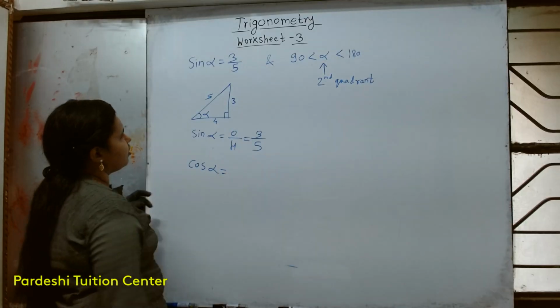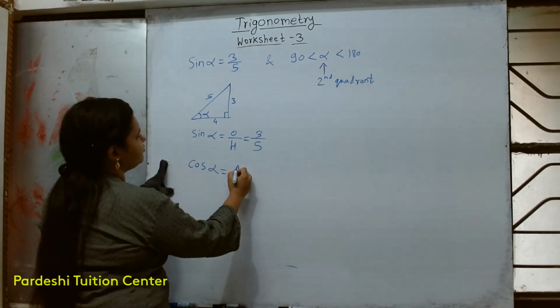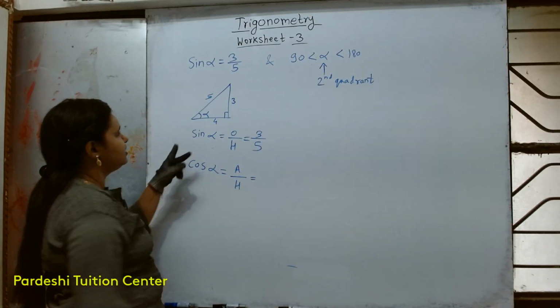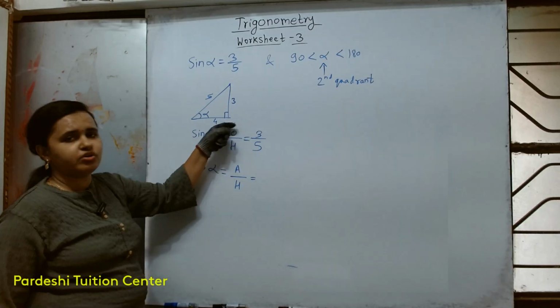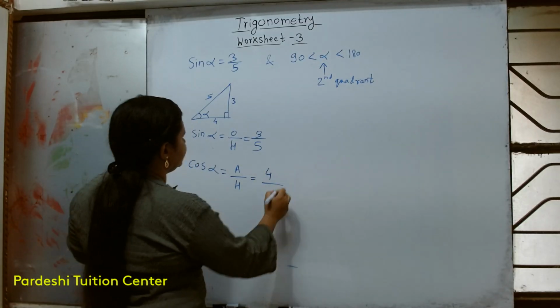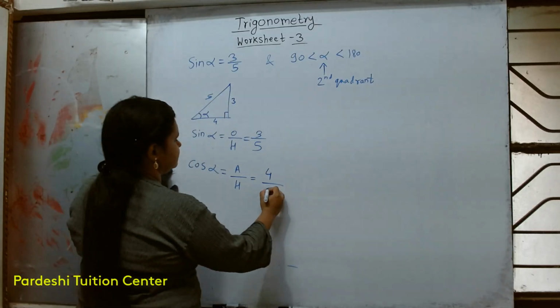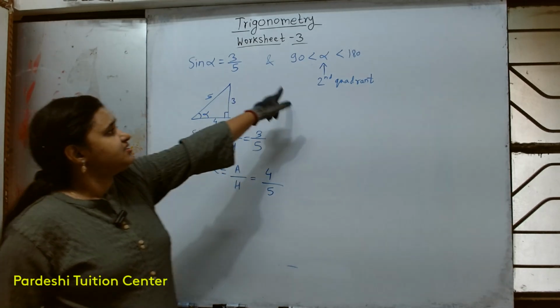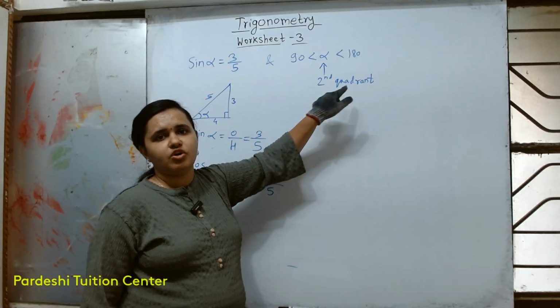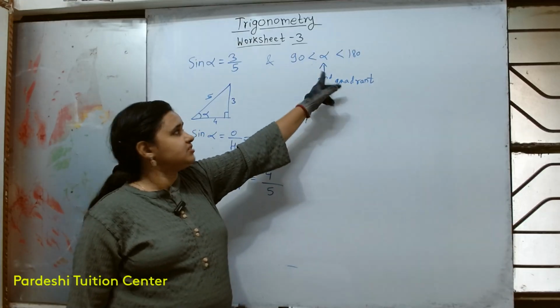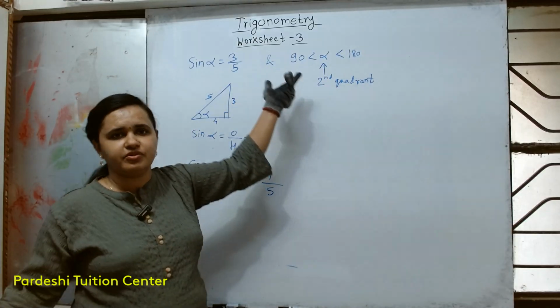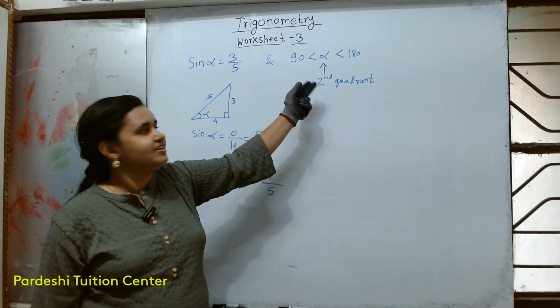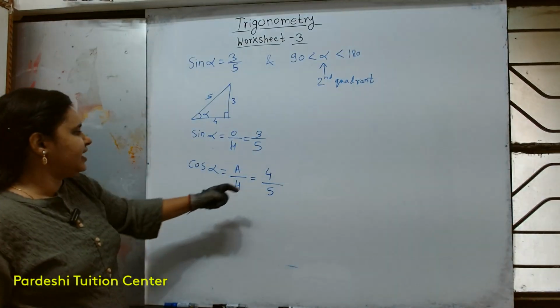So we can calculate cos alpha. Cos alpha is adjacent upon hypotenuse. The adjacent side of alpha is 4 and the hypotenuse is 5. So we have got cos alpha as 4 by 5, but the condition is given that it is in the second quadrant. It is not given just for fun, it is given to apply the condition.